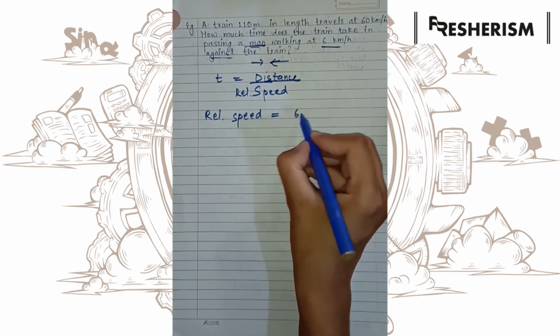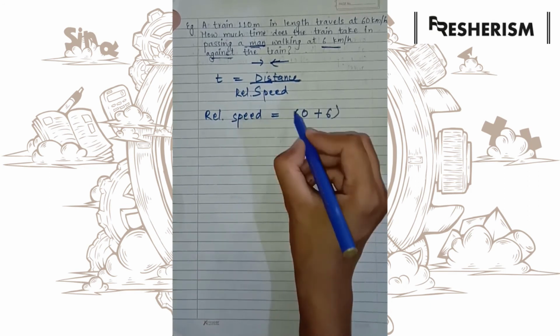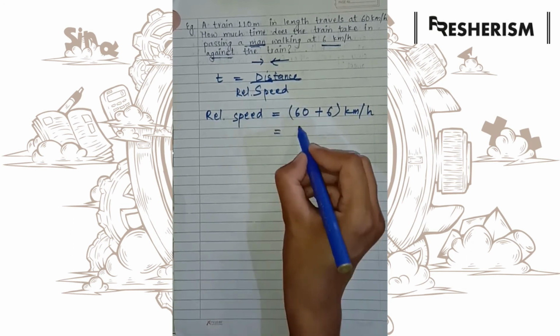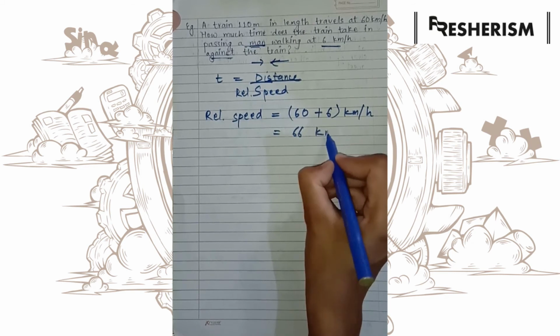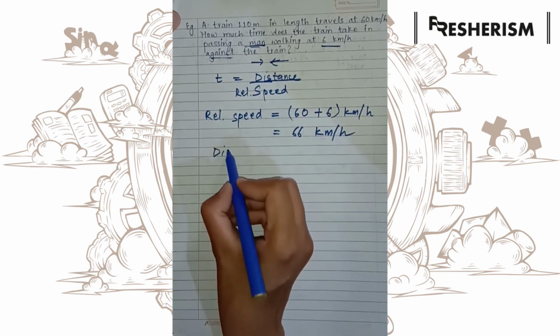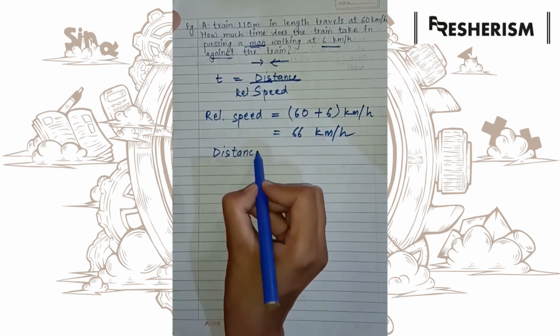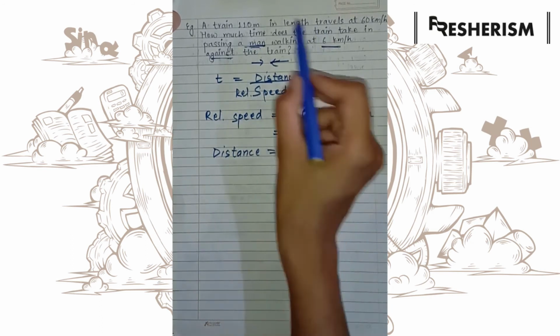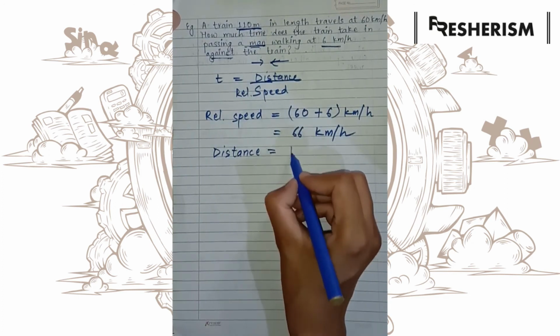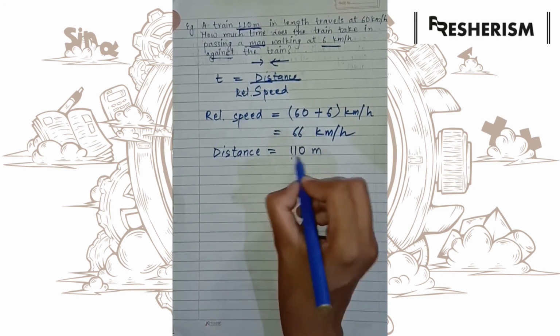That is 60 plus 6 kilometers per hour, which will give us 66 kilometers per hour. And what would be the distance? It will be equal to the length of the train, as the length of the object is negligible. So it will be equal to 110 meters.